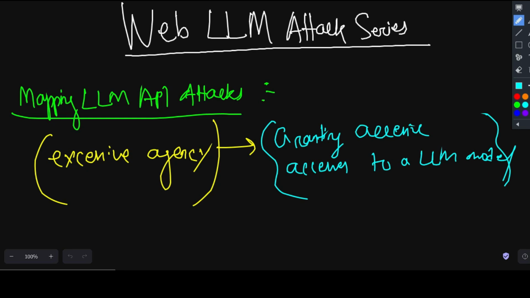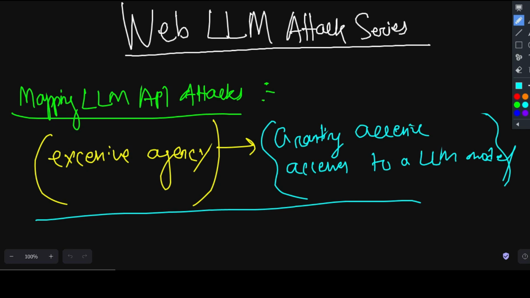The first stage is mapping out which APIs and plugins the LLM has used. How are we going to know which APIs are pulled by this LLM model, or which API access this LLM model has?